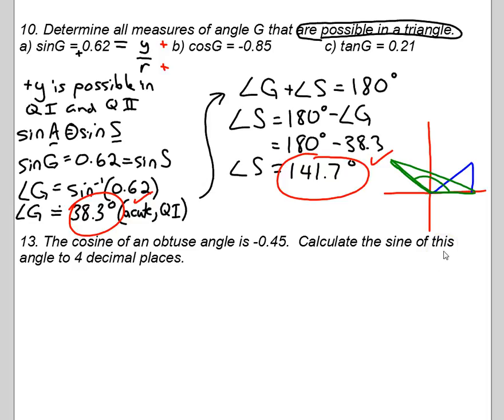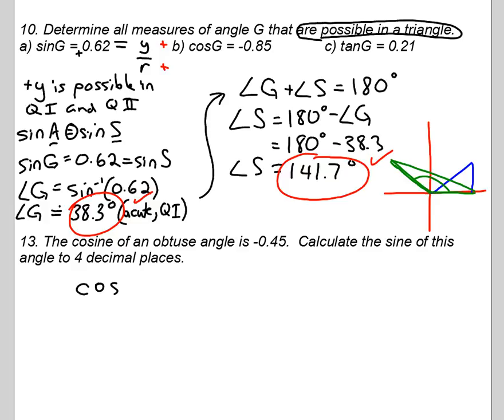All right, last problem, number 13. Cosine of an obtuse angle. Last question group, we made it. Last example for part 2. Cosine of an obtuse angle is negative 0.45, and here we're crossing over from cosine to sine. Okay, so what we want to start with is the information which we know.